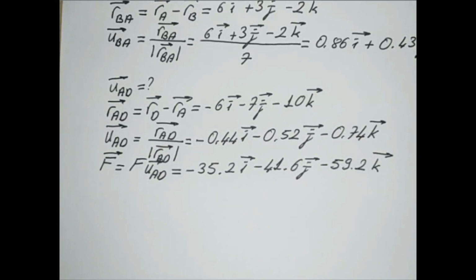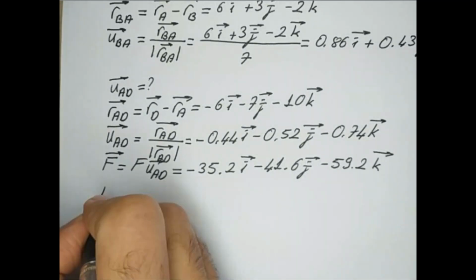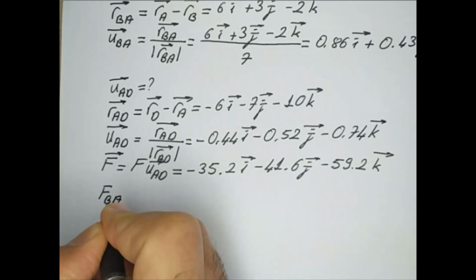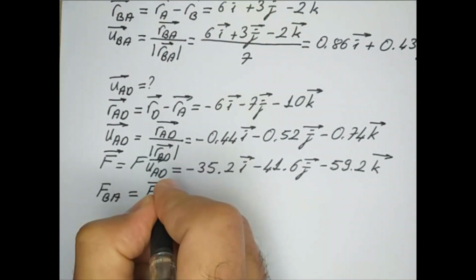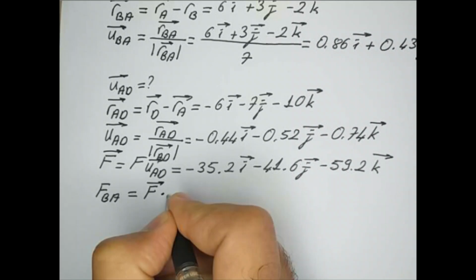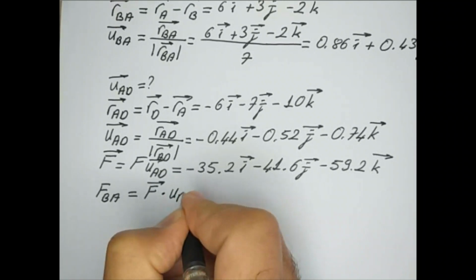Now what is asked of us is the component of the force on BA. So this is what is asked. FBA is equal to force F multiplied, scalar multiplication, by UBA. Now let me write the force vector first.